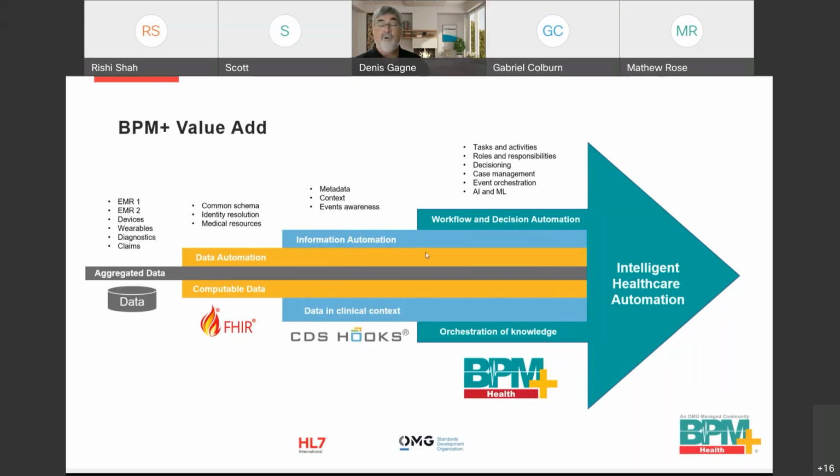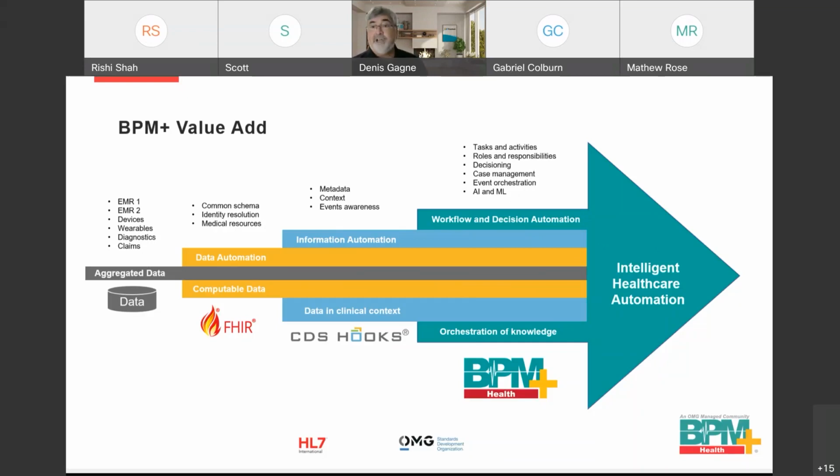And that's where we think BPM Plus comes into play. BPM Plus brings you the orchestration of knowledge by adding the workflow and decision automation. So we gain task and activity, roles and responsibility, decisioning, case management, event orchestration, and we can even orchestrate AI and machine learning into that orchestration, which leads us to the intelligent healthcare automation context that we want to achieve.